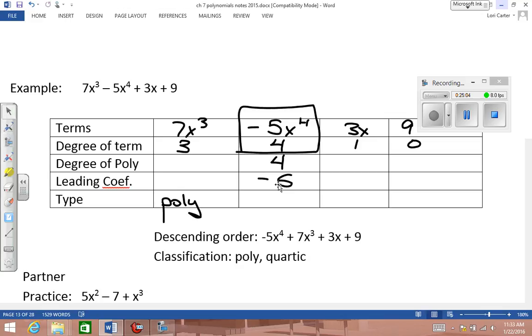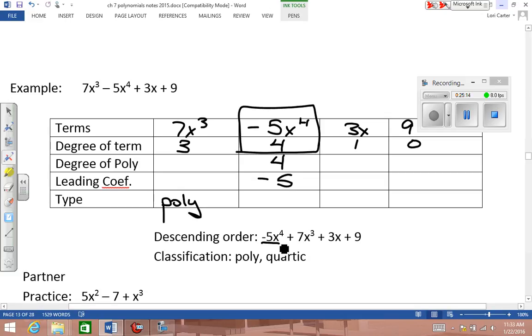All right, now you have to write these in descending order. So when you look at this, the highest degree is 4, correct? So he's the first term, negative 5x to the 4th. Who's next? Plus 7x cubed. You look at the exponents. 4 is the highest, so he's first. 3 is the second highest.